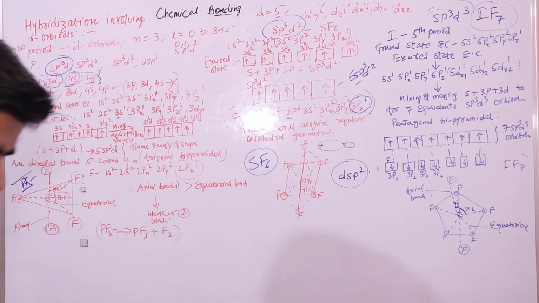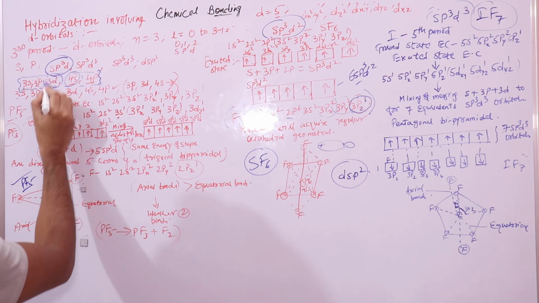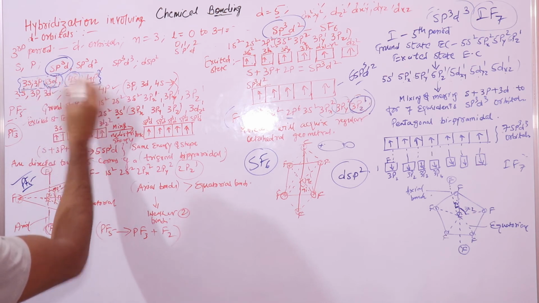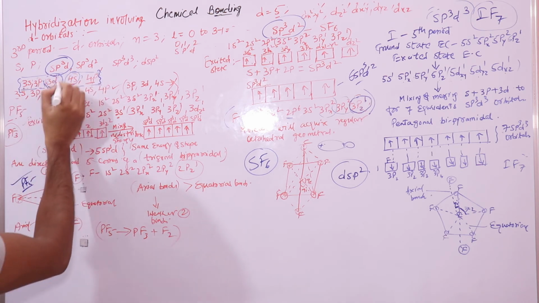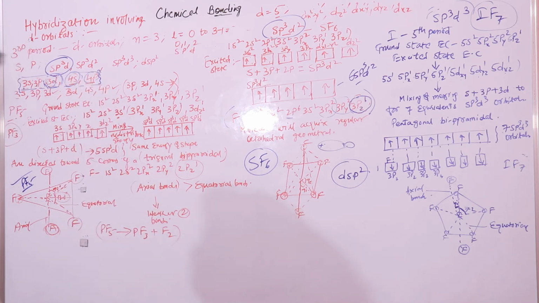Why? Because these have nearly equal energies. So here it can hybridize like this, dsp, right: the d orbital and the s and p of the higher shell, the fourth shell, can hybridize.